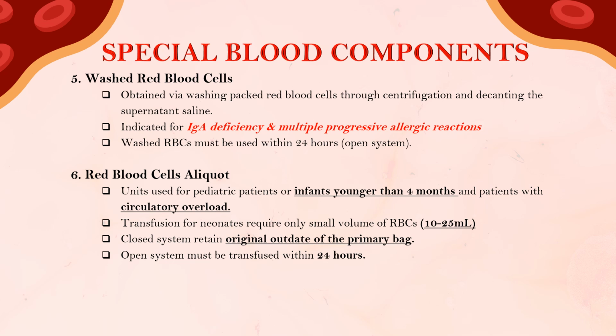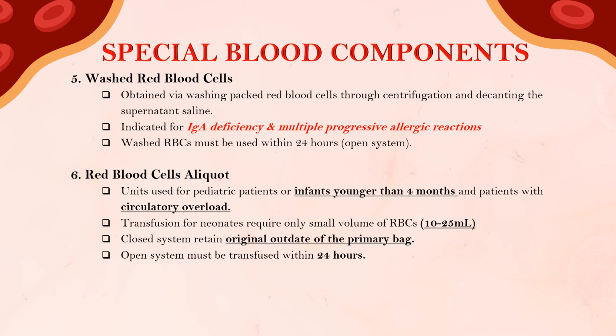Given the total body size and weight of the neonates or pediatric patients, we cannot directly transfuse an entire single component unit. For this reason, we make smaller aliquots of these component units, for example your packed red blood cells. Neonates only require about 10 to 25 ml for transfusion, depending on the total body weight of the neonate recipient.